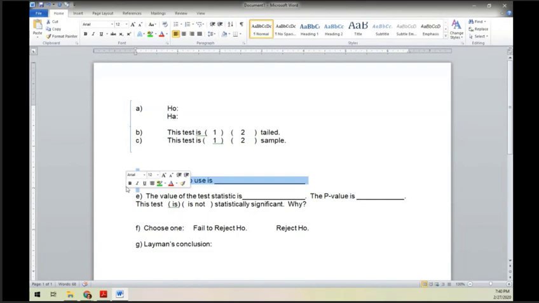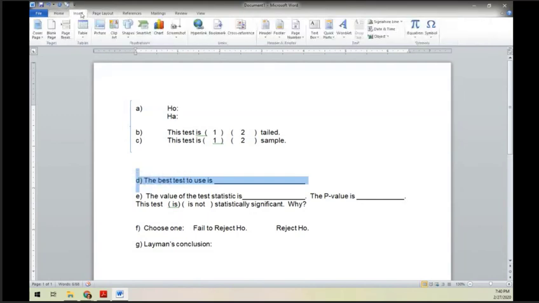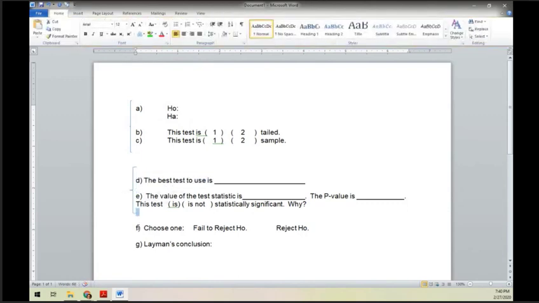These steps are worth 5 points. The fail to reject or reject, that's a 2-pointer, and the layman's conclusion is 5 points.